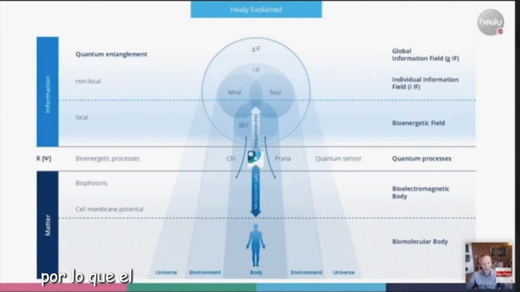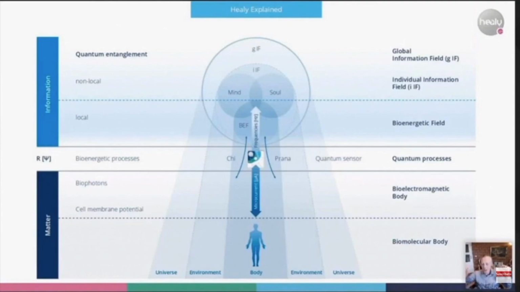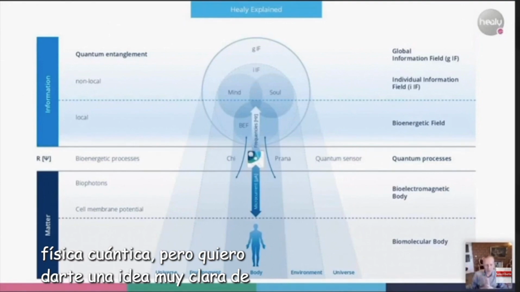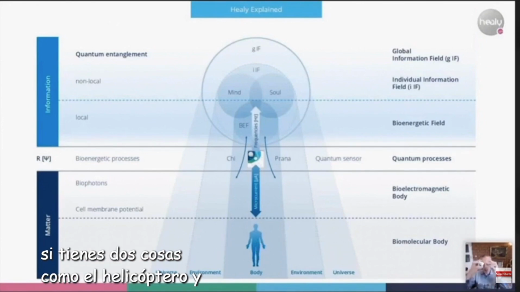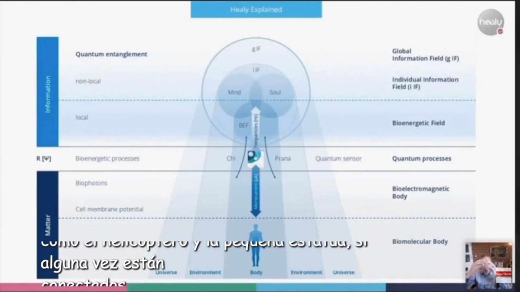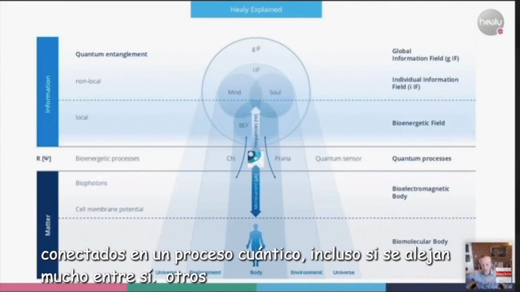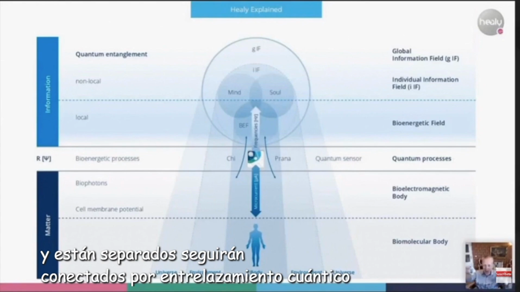So quantum entanglement, it's a very specific term from quantum physics, but I want to give you a very clear idea what it is. If you have two things, like the Healy and the small statue, if they are once connected in a quantum process, even if they move very far away from each other and are separated, they will still be connected by quantum entanglement.